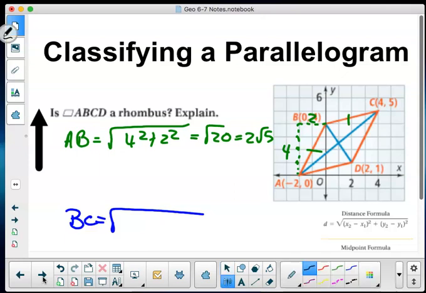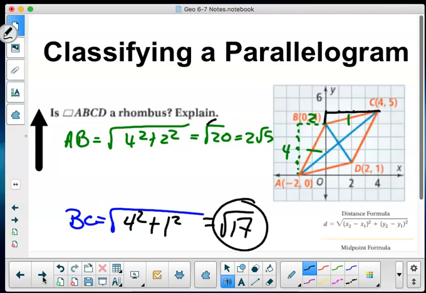But here's the next one, and I've got over 4 and up 1. So I've got 4 squared plus 1 squared. Now keep in mind, that's going to be the square root of 17. The square root of 17 and the square root of 20 are not the same, so it cannot be a rhombus. All sides are not congruent; opposites are congruent.